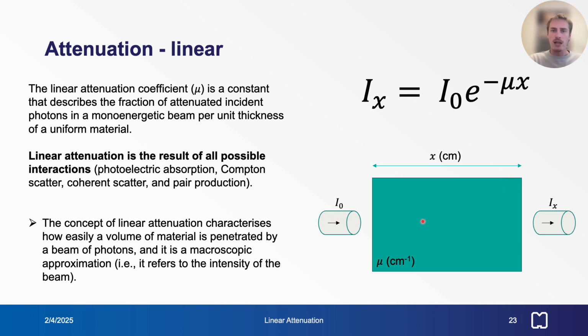So linear attenuation is the result of all possible interactions: photoelectric absorption, Compton scattering, coherent scattering, and pair production. The concept of linear attenuation characterizes how easily a volume of material is penetrated by a beam of photons. And it's essentially a macroscopic approximation, so it refers to the intensity of a beam that's composed of a lot of photons.